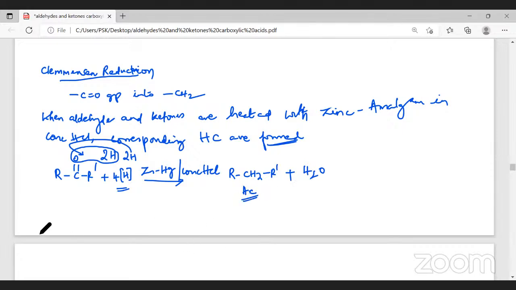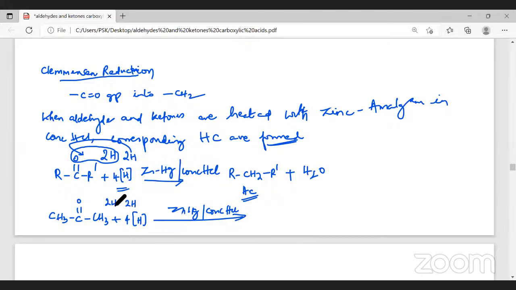We will take a specific example. We will take a simple example like acetone. If this acetone is reduced using zinc amalgam in concentrated HCl, what happens? For our understanding, we write it as 2H and 2H. These 2 hydrogen atoms and oxygen get eliminated as water. In place of this oxygen, 2 more hydrogen go.